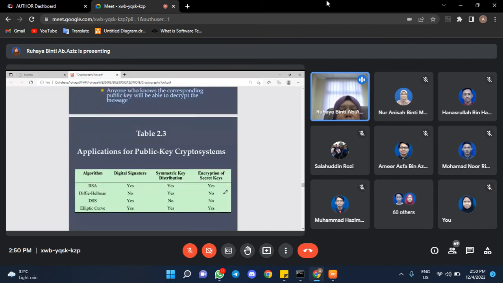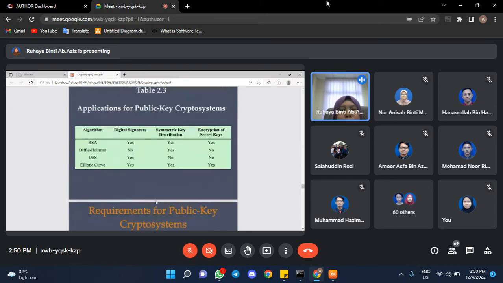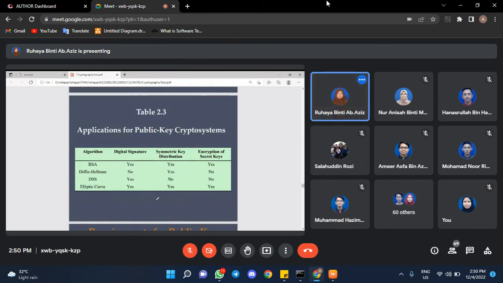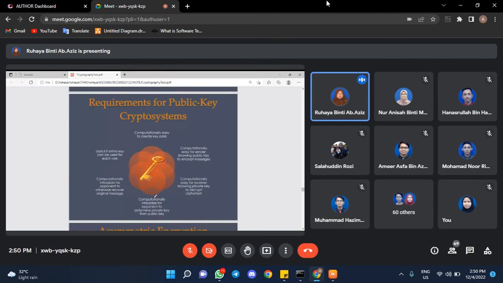There are applications for public key crypto systems. Dia ada RSA, Diffie-Hellman, DSS, and another one is elliptic curve. The requirements for public key crypto system: it should be computationally easy to create key pairs.